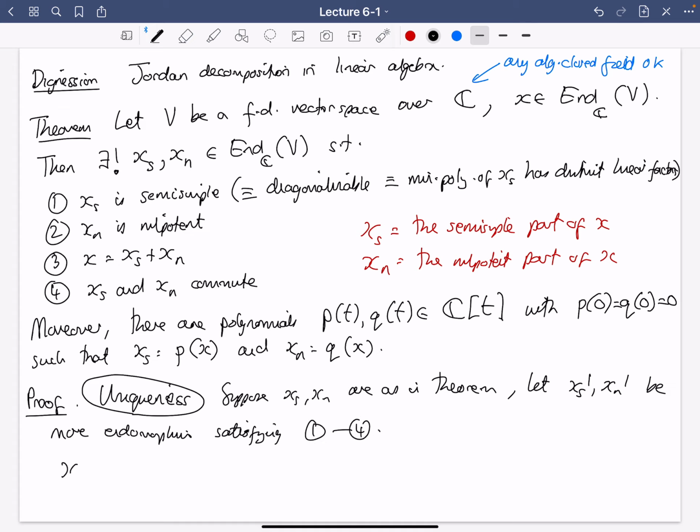Okay, so that means that x is xs plus xn and xs prime plus xn prime. So xs minus xs prime equals xn prime minus xn.